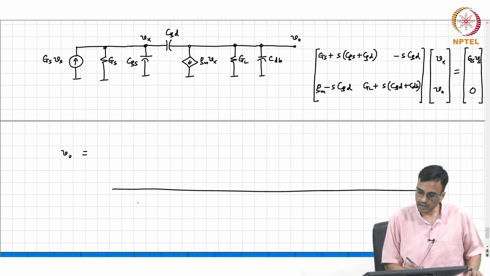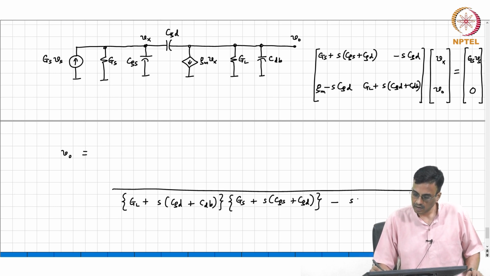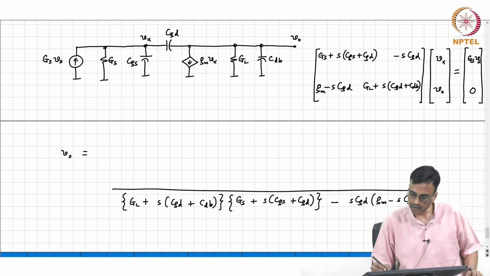So, the denominator is basically GL plus S times CGD plus CDB, times GS plus S times CGS plus CGD, minus SCGD times GM minus SCGD, plus, right? Yeah.